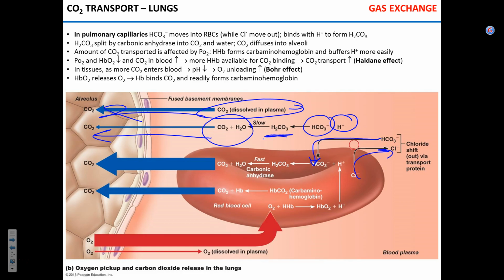So as hydrogen from hemoglobin dissociates, it binds to bicarbonate, producing carbonic acid, which dissociates to carbon dioxide and water. In the meantime, oxygen binds to hemoglobin right here, forming oxyhemoglobin that will get in the blood and deliver the stuff.